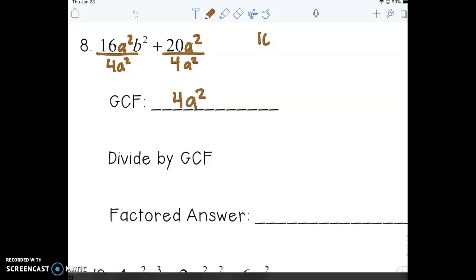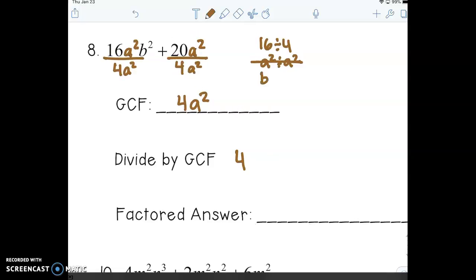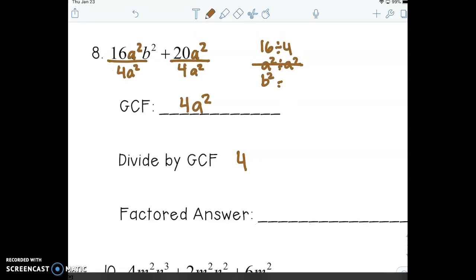When I do 16 divided by 4, I get 4. When I do a squared divided by a squared, it cancels. When I do b squared divided by nothing, it's still b squared. Okay, let's do it again. I'm going to take the 20 divided by the 4.